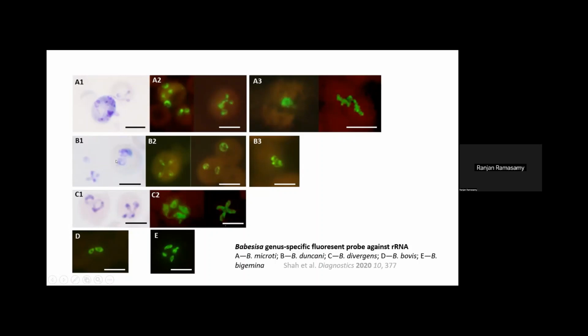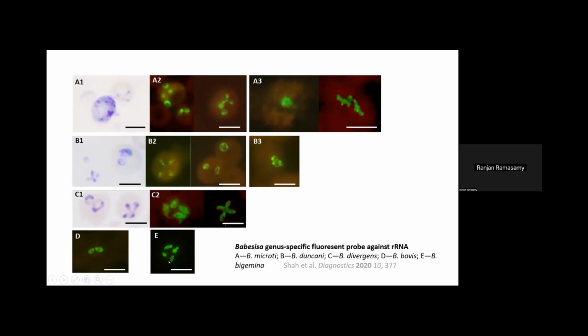Series B is the same, done with Babesia duncani from hamsters and from patients. Series C is a Giemsa-stained blood smear here, and Babesia divergens from cultures.